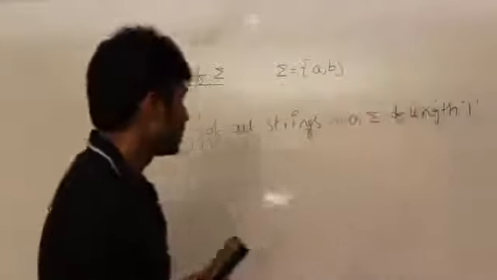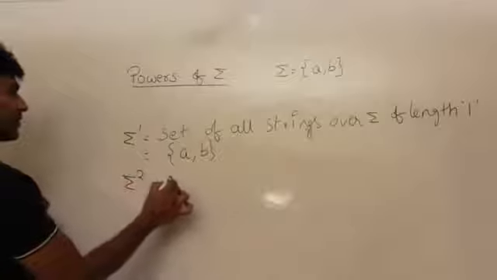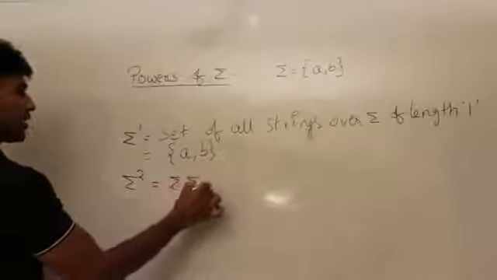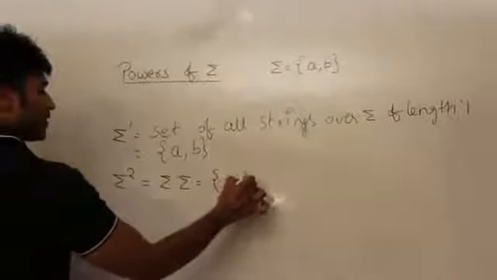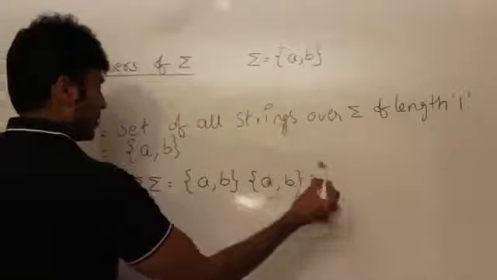So we can extend this definition as sigma square. Sigma square equal to sigma concatenated with sigma, that is {a, b} concatenated with {a, b}.